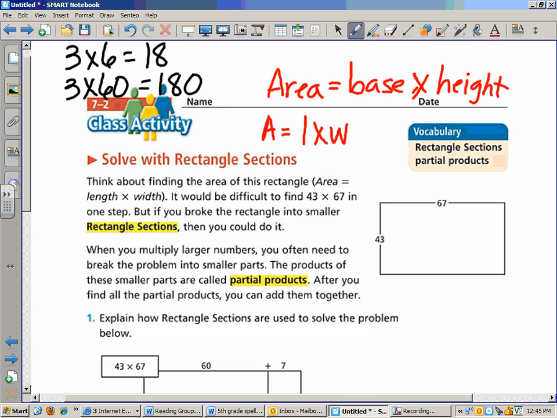So sometimes you see it B times H or L times W, just so that you understand that we have the base here and the height here, or the length and the width, multiplying adjacent sides to figure out the area. So taking into consideration, we have the rectangular sections or the area model for multiplication.